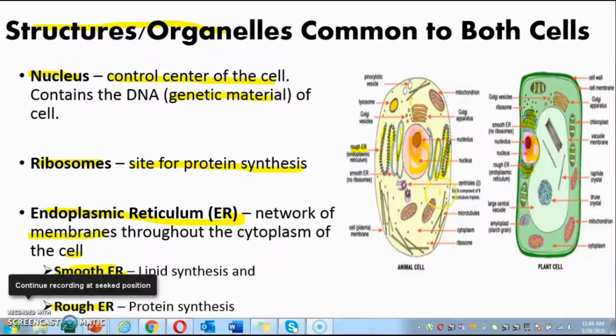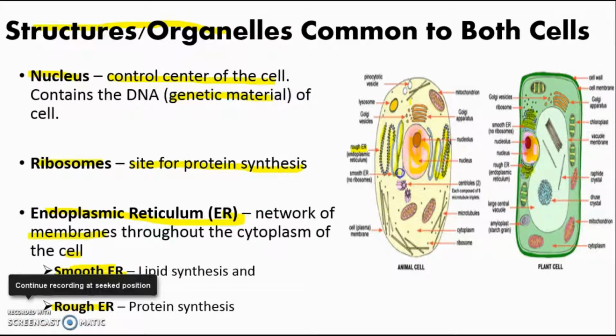If you look at the diagram right here, on the animal cell, the smooth ER is this part. As you can see, there are no black dots, no ribosomes attached to its membrane. The rough ER is this portion right here. There are a lot of dots, a lot of ribosomes attached to this membrane. Also in the plant cell, this is the rough ER, and this is the smooth ER.